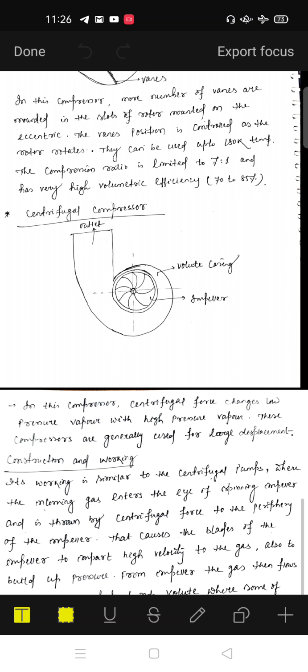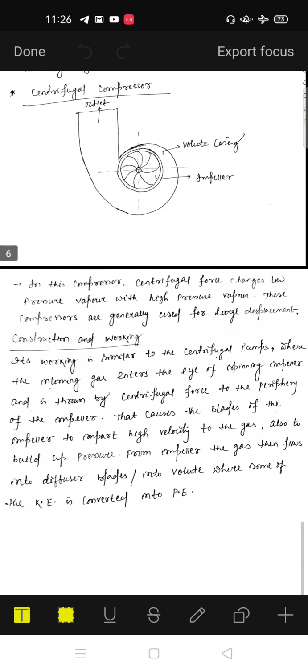In this compressor the centrifugal force changes low pressure vapor into high pressure vapor. These compressors are generally used for large displacement. So what is the construction and working? Its working is similar to the centrifugal pump, where the incoming gas, means refrigerant vapor, enters the eye of the spinning impeller and is thrown by the centrifugal force to the periphery of the impeller.